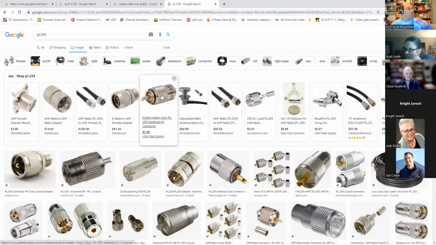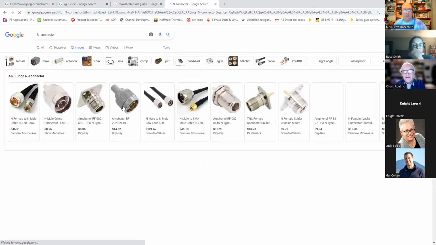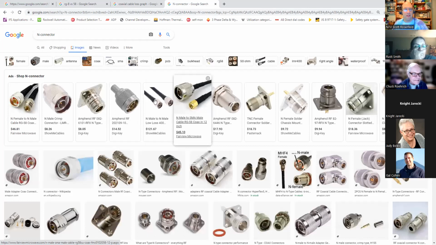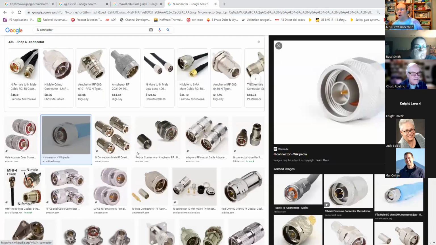So, these are very commonly used at high frequencies. If you're going to higher frequencies, you would typically use something that looks like an N connector. Notice it's got double shielding. There's an N connector, and in fact, there's even a Wikipedia entry for N connector.